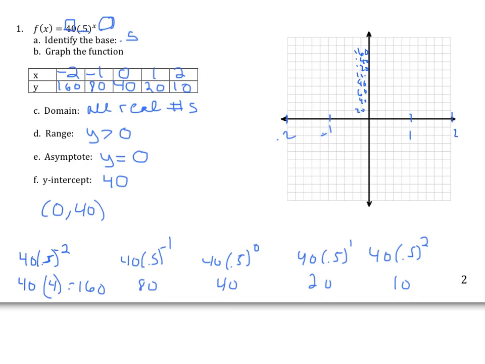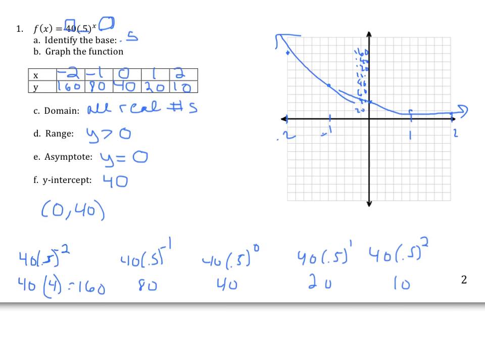So starting off with -2, 160, -1, 80, 0 is 40, 1 is 20, and 2 is 10. And we see that this is exponential decay.